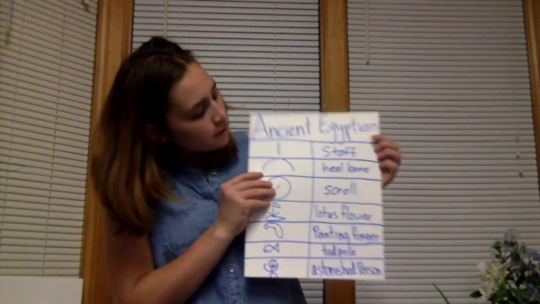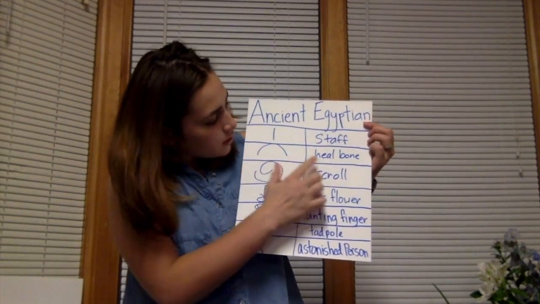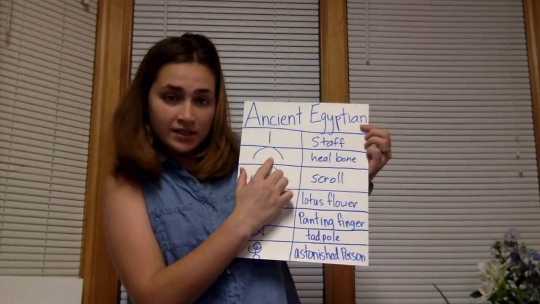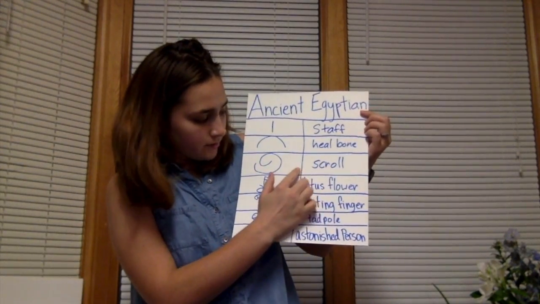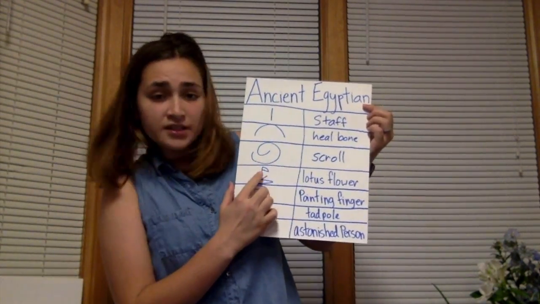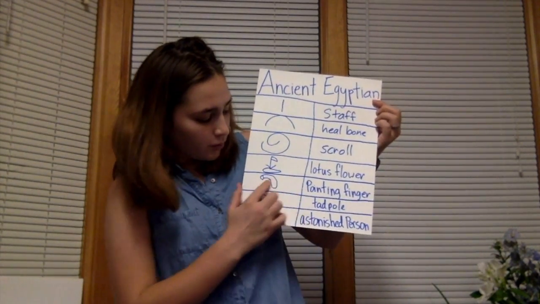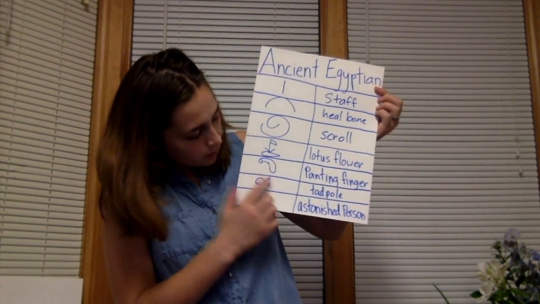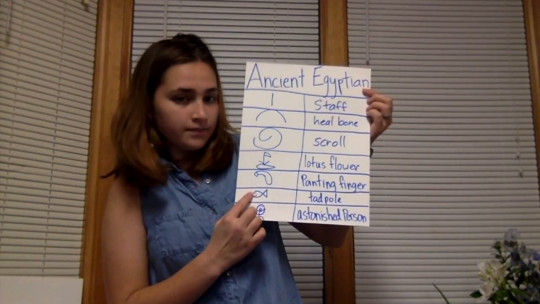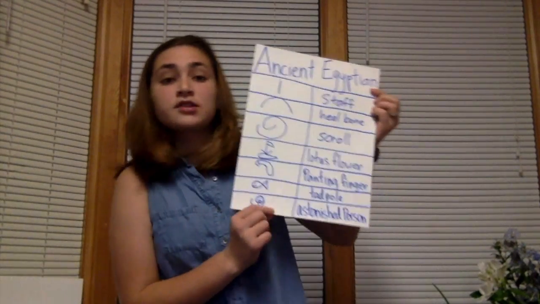So, this is the staff, this is the ones place, this is the heel bone, this is the tens place, this is the scroll, this is the hundreds place, this is the lotus flower, it's the thousands place, this is the pointing finger, it's the 10,000s place, the tadpole is 100,000s, and the astonishing man is a million, or astonishing person, a million.